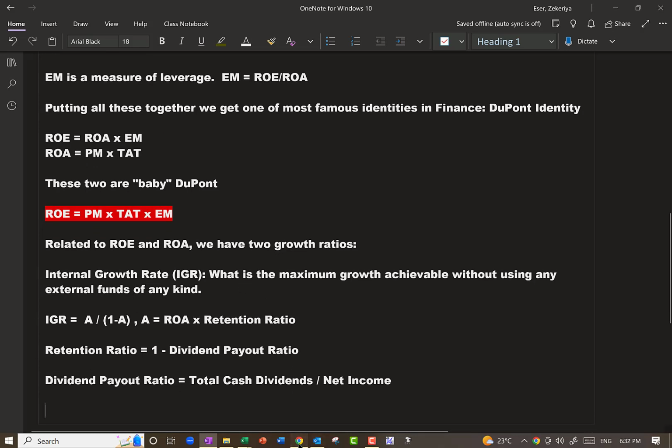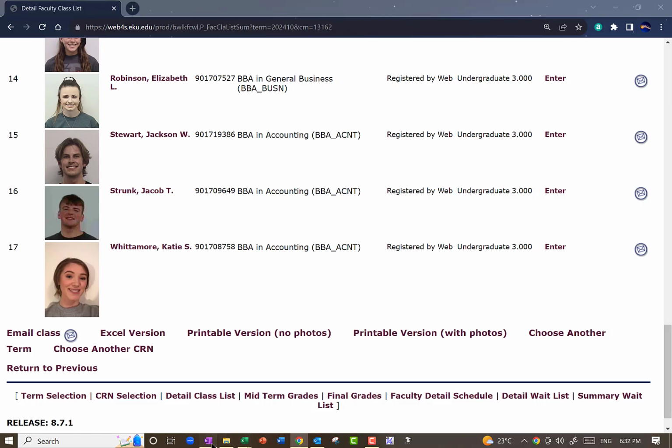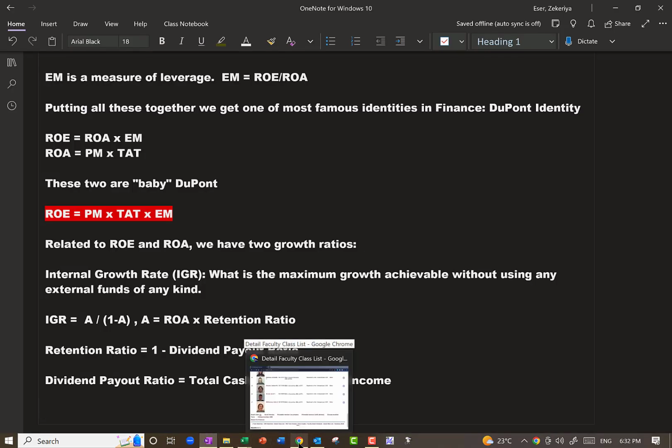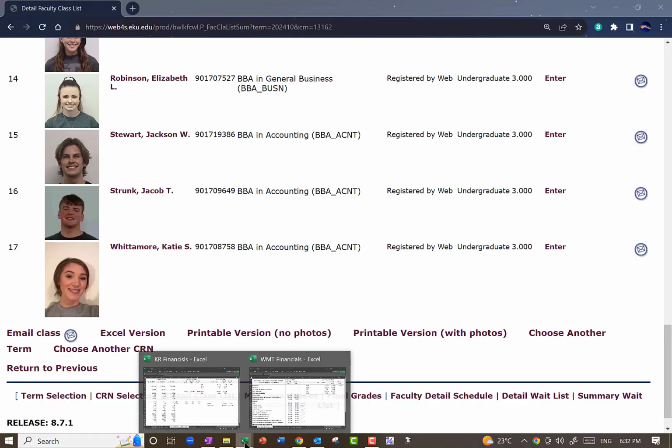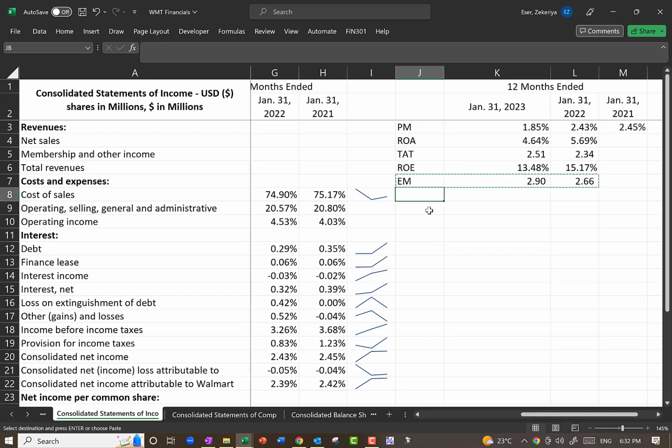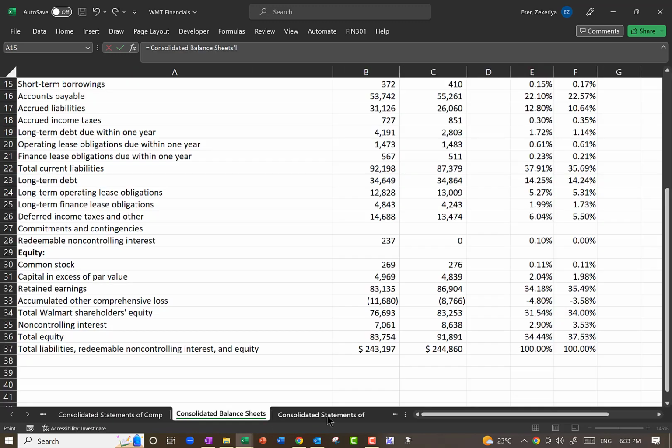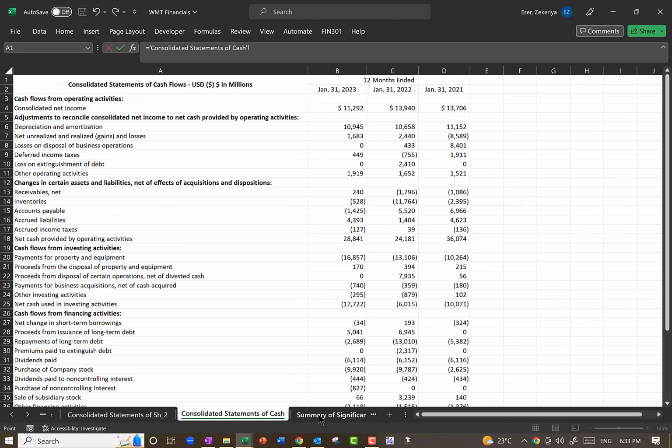So let's calculate these for Kroger and Walmart. Let's get the dividends first. You're going to get the dividends from the statement of cash flows. So consolidated statements of cash flow.